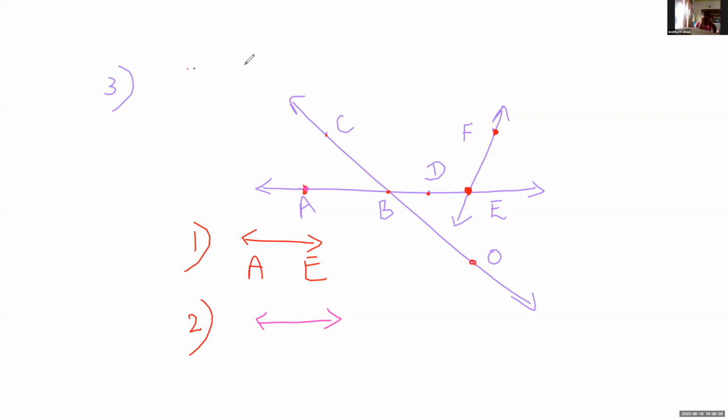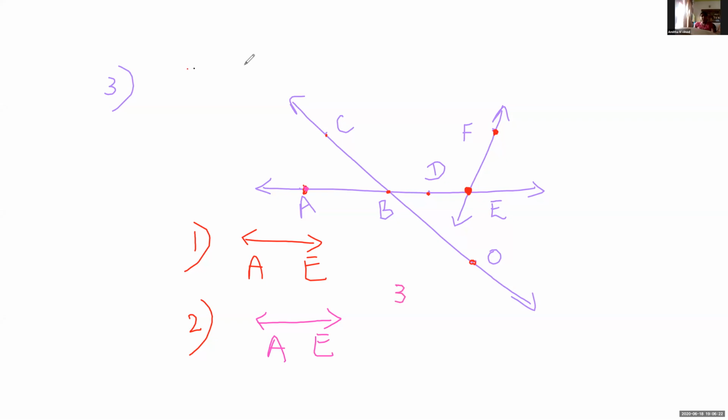Which is the line passing through that point A? Line AE. Okay, same line AE.